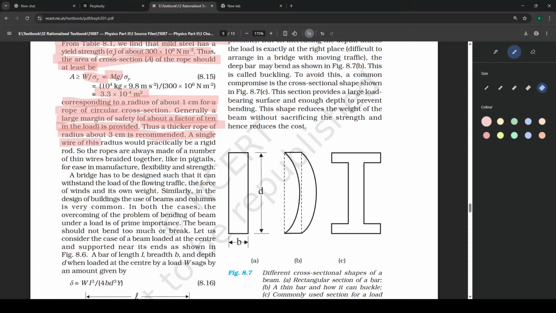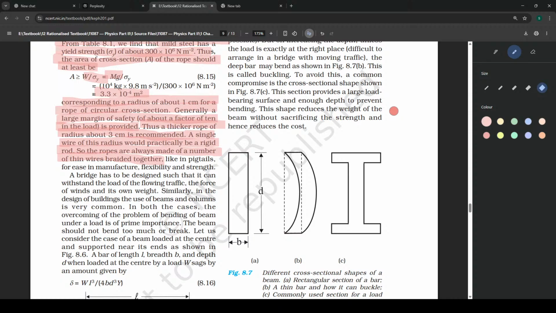A single wire of this radius would practically be a rigid rod. So the ropes are always made of a number of thin wires braided together. Normally a 3 centimeter wire would be enough, but it would only be like a rod.